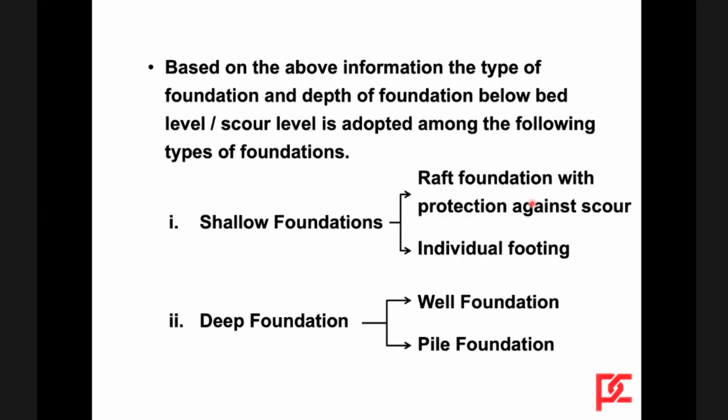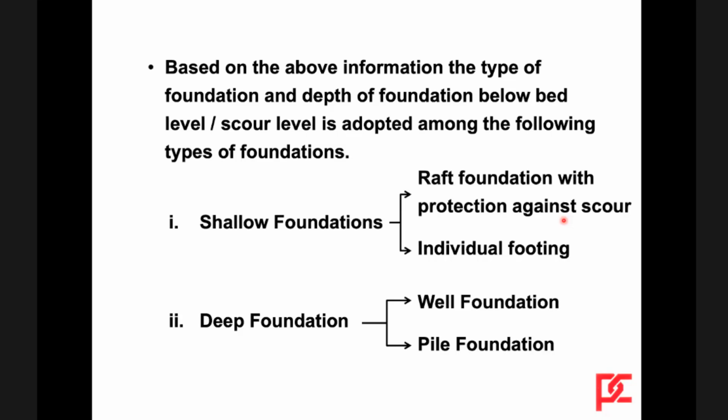Based on the above information, the type of foundation and depth of foundation below bed scour level is adopted among the following types of foundation: shallow foundation, raft foundations with bed protection against scour, or individual footings which go below the scour level.